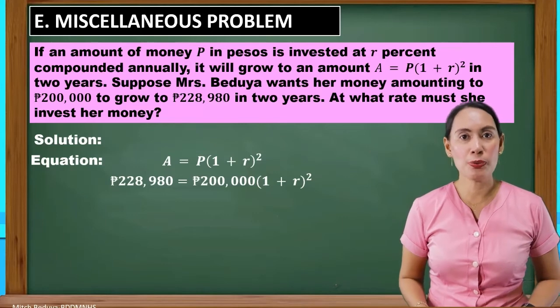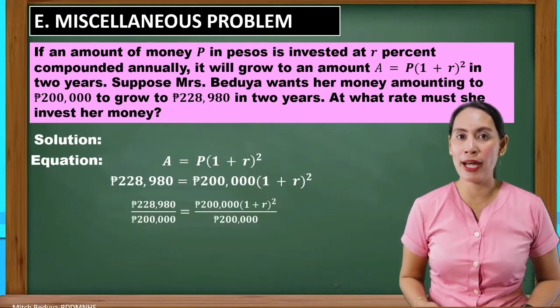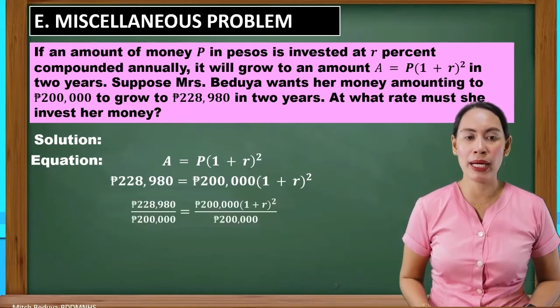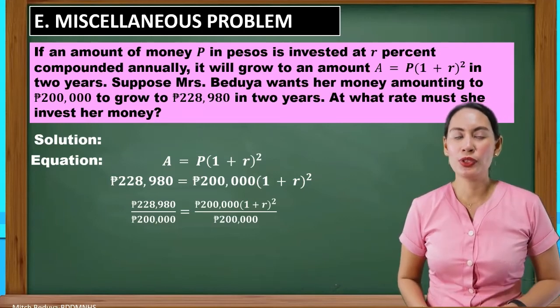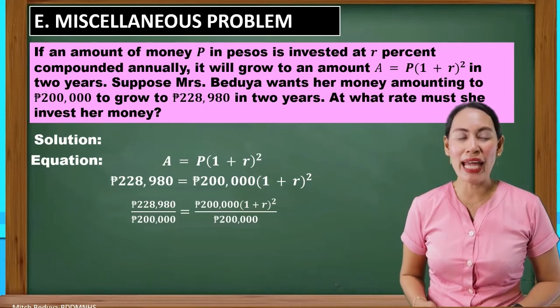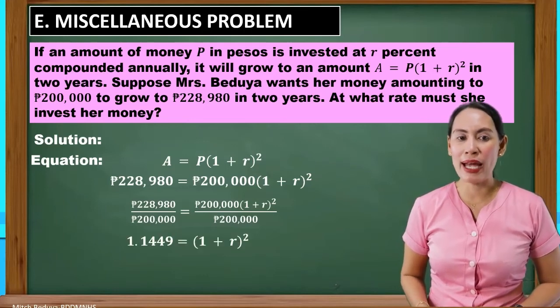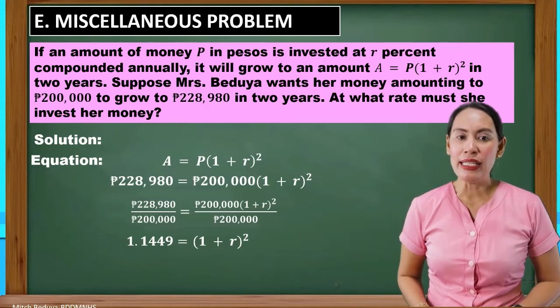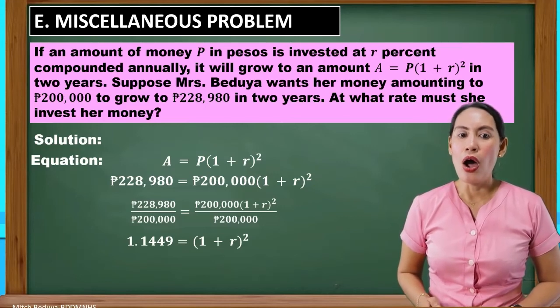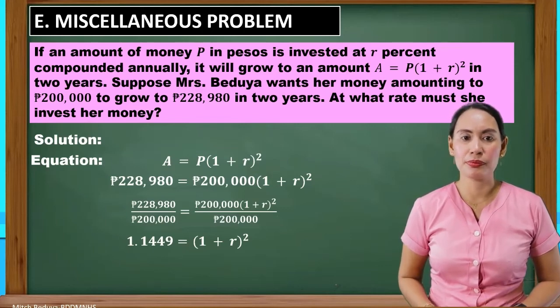By the division property of equality, we divide both sides of the equation by 200,000 pesos. So the equation is now 1 and 1,449 10,000ths equals the quantity 1 plus R squared.